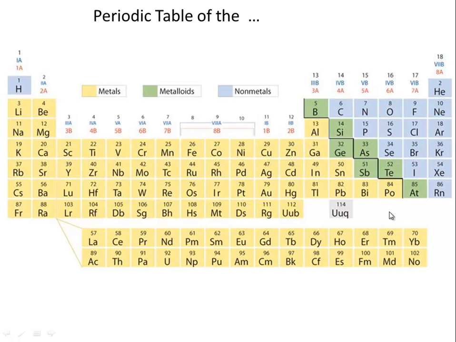So this is a periodic table of the elements. These are the purest substances. Back when we talked about classifying matter, as you got to more and more pure substances, you would eventually get down to the level of the elements.